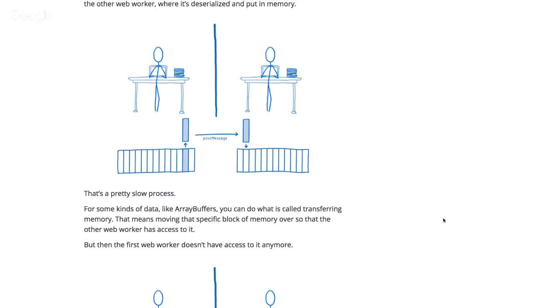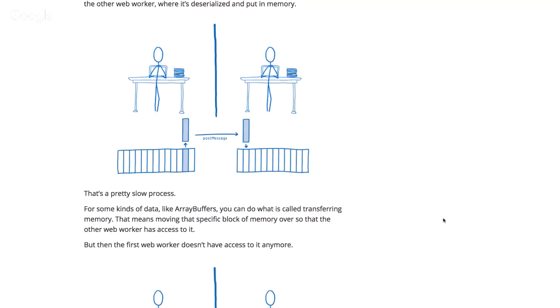For some kinds of data, like array buffers, you can do what is called transferring memory. That means moving that specific block of memory over so that the other web worker has access to it.